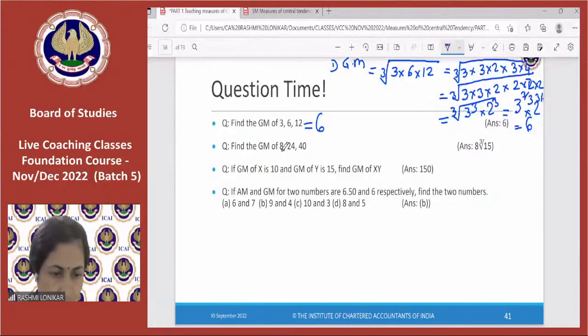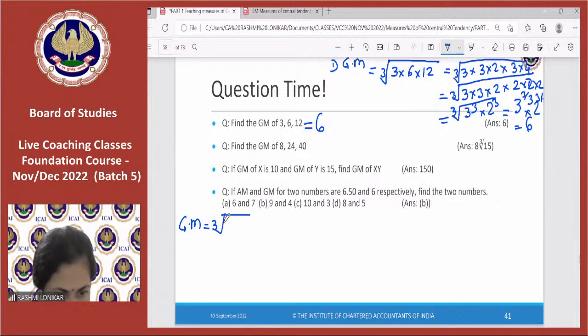Find the geometric mean of 8, 24 and 40. Now 8, 24 and 40, there are 3 numbers. So I will write the cube root of 8 into 24 into 40.